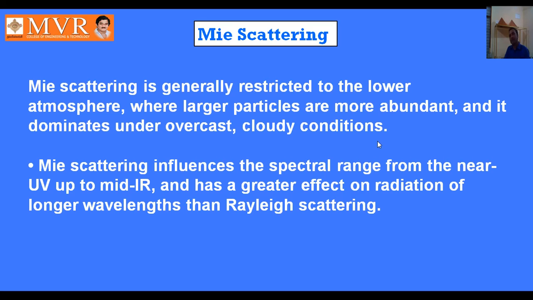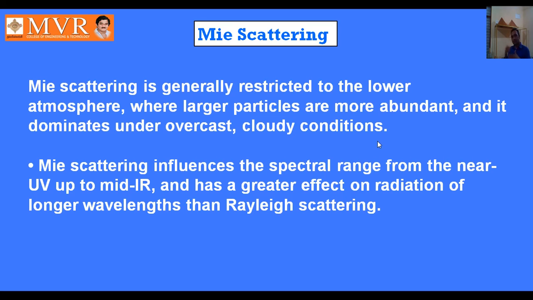Here the particles are larger. In Rayleigh scattering the particle size is very small, but in Mie scattering the particle size increases and is equal to the incident wavelength of radiation. When these two are equal, Mie scattering occurs.